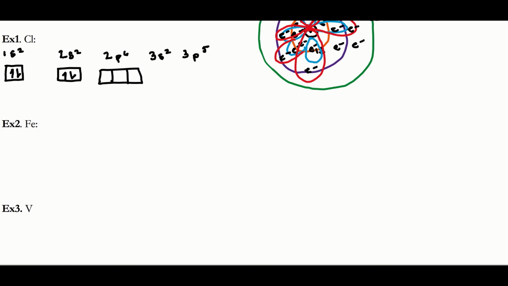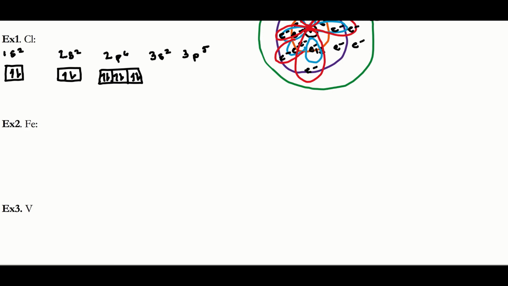When you're filling orbitals, you first fill each orbital with 1 electron with a specific spin, and then you can go back and continue filling orbitals. So this is what it looks like. I can fit a total of 6 electrons in the 2p sublevel. So 1 electron, 2 electrons, 3 electrons, go back, 4 electrons, 5 electrons, 6 electrons.